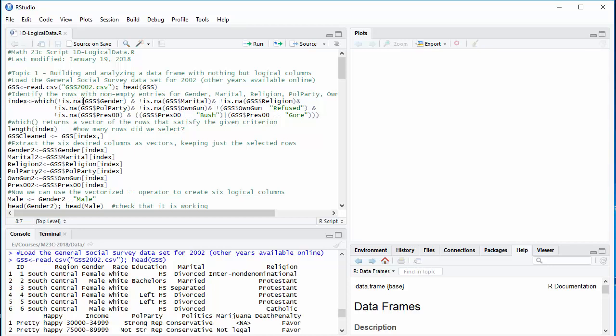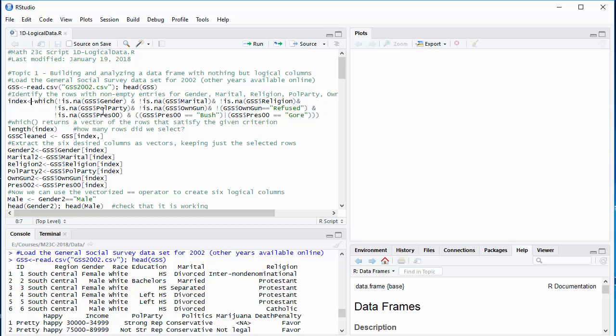That's what is.na specifies. Second, is.na of marital is false. They're willing to tell us whether they're married or not. They're willing to tell us the religion. They're willing to tell us the political party. They're willing to tell us whether they own a gun. And furthermore, their response to the "do you own a gun" question was not "I refuse to answer."